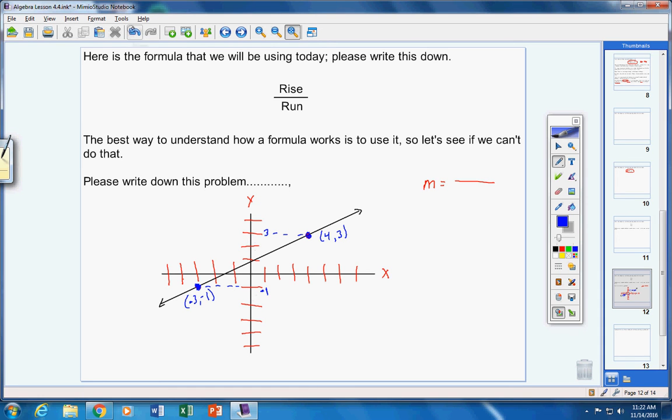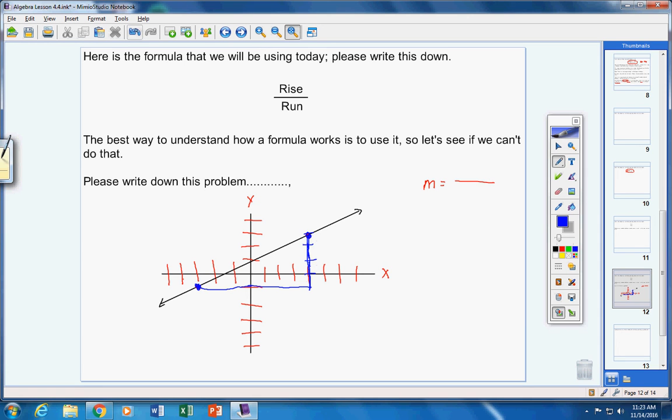Another way to look at it is like this. A lot of students like to draw a triangle like this. Just take notes and watch, please. Listen carefully. They like to draw a right triangle going over and then going up like this. And then they count how high this line is. 1, 2, 3, 4. 4 units.